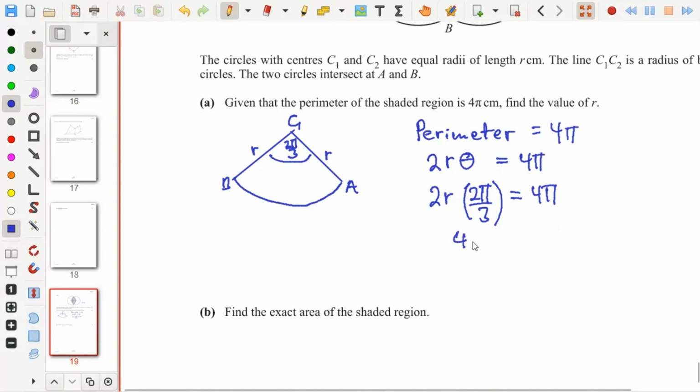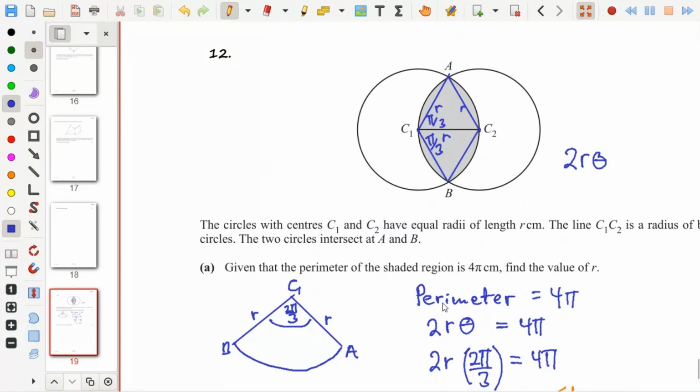So this is the same as 4 pi r on 3 is equal to 4 pi. Now, did you know that numerator and numerator can cross out? Yes, they can. And denominator and denominator can also cancel. That's if both of them are fractions with an equal to sign separating them. Okay, so now r is equal to 3 centimeters.